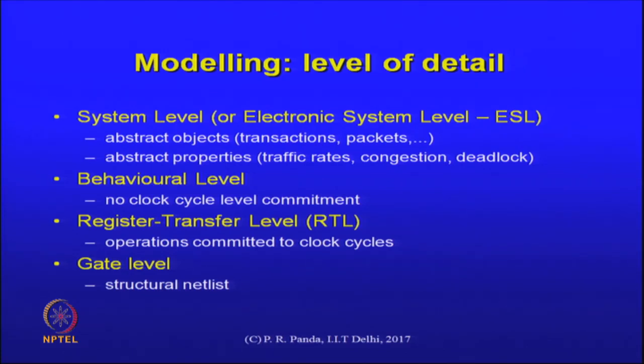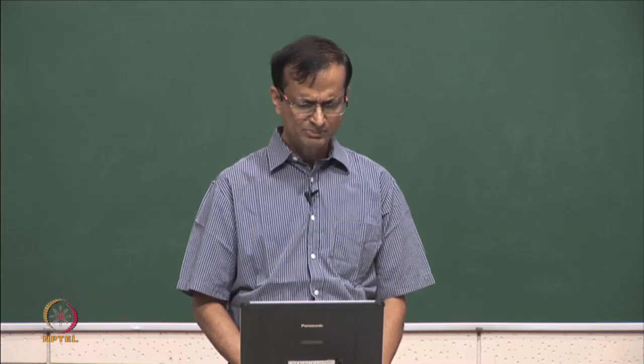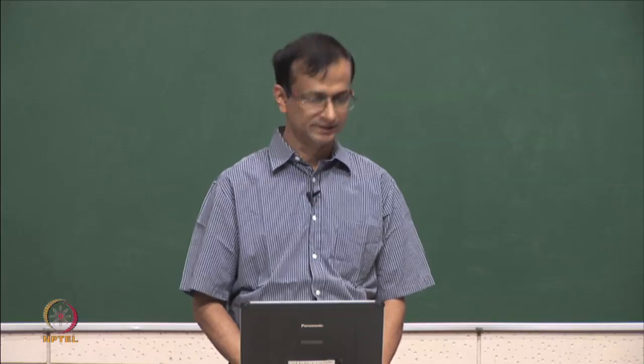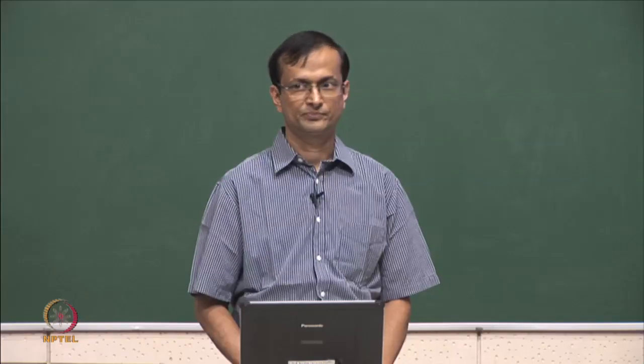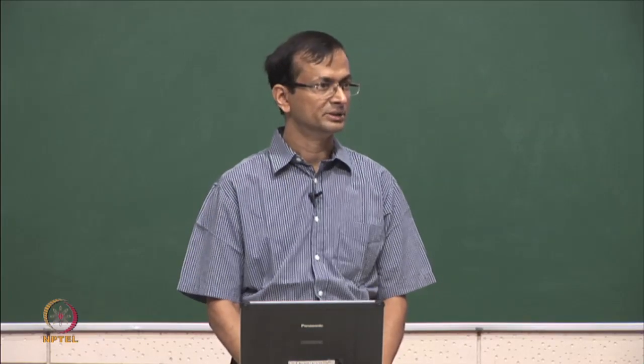But the behavioral level is one level of hardware abstraction where you capture some essential features of the design, but not necessarily all the details. One example of what you would omit would be, you do not say what operation is to be performed when. Okay, so, that is what we mean by saying there is no clock cycle level commitment.